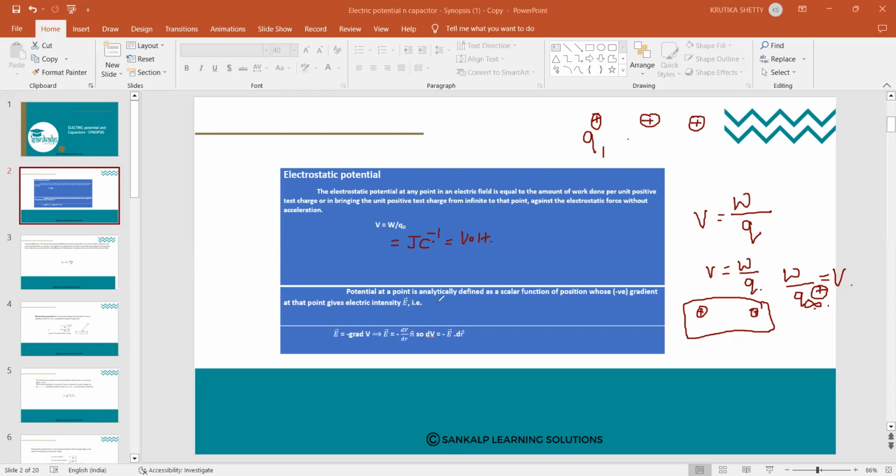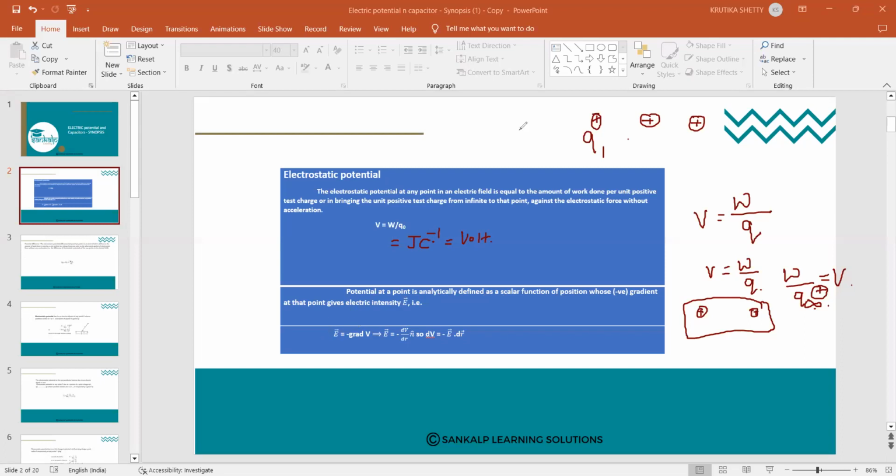Then next, here one point is there, that is the potential at a point. Analytically, it is defined as a scalar function of the position whose negative gradient at that point gives the electric field. So here we are taking the relation between electric field and potential.